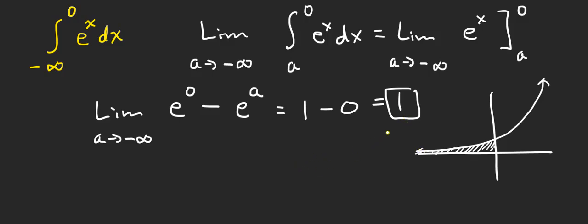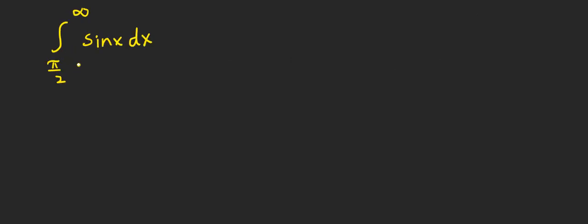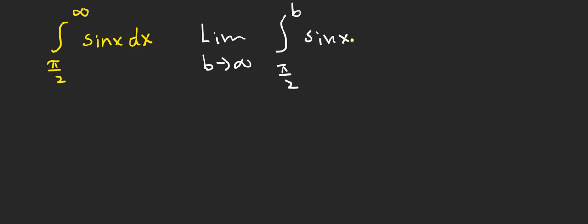But if it diverges, that means you cannot find the area underneath the curve. Now we have the integral of sine x dx from pi over 2 to infinity. So we want to write it as the limit as b goes to infinity of the integral from pi over 2 to b of sine x dx.